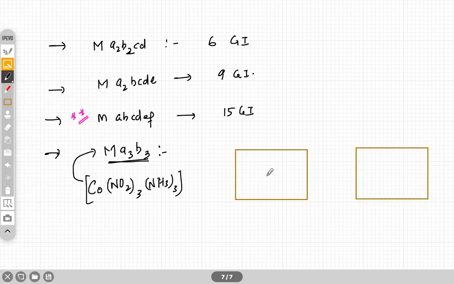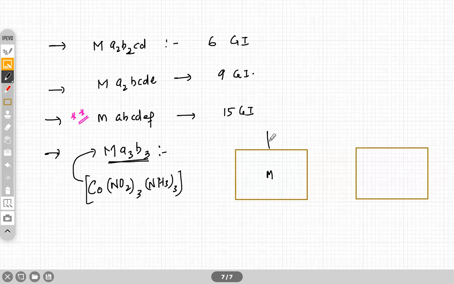So we have metal here. One possibility where all the A are present at 90 degrees, we can place it this way.